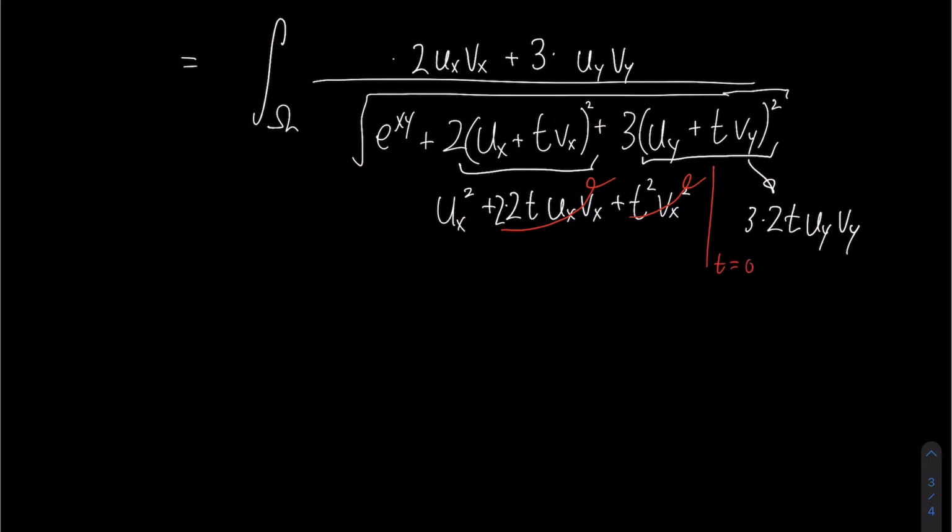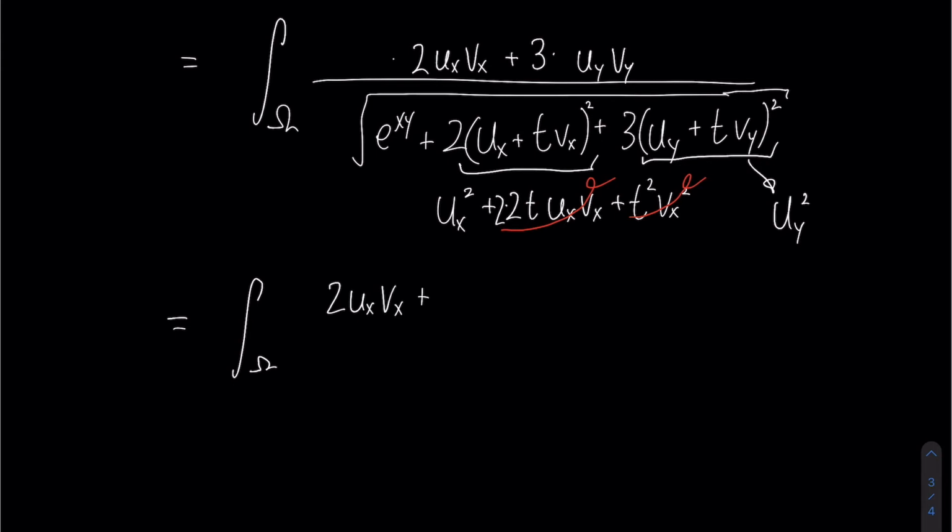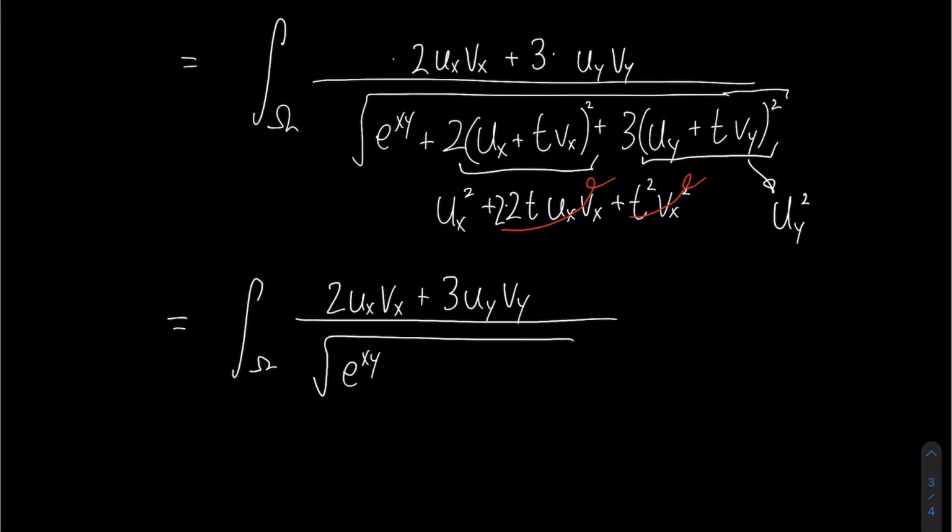That's why the second and third parts disappear. Using the same reasoning for the second part of the equation, I'm going to have a uy squared. That's all I'm going to have left inside the square root. So I'll have the integral of 2ux vx plus 3uy vy, and all of this over e to the xy plus 2ux squared plus 3uy squared.